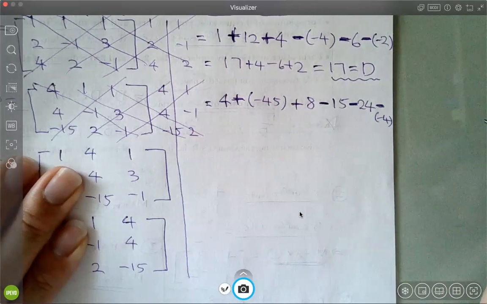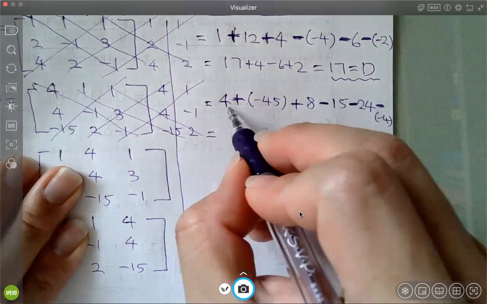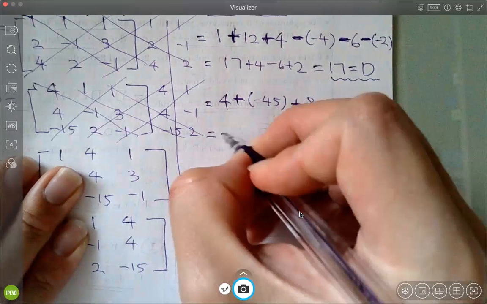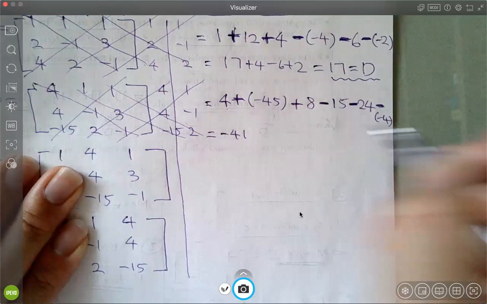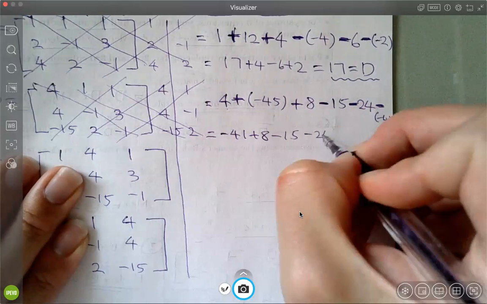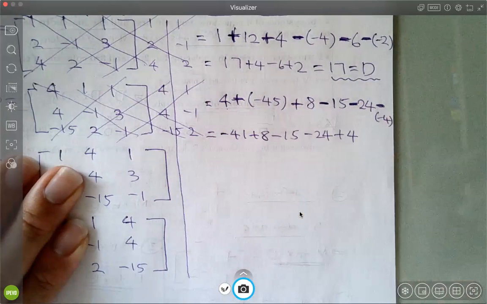Okay, and now simplify. So 4 plus -45, so that's 4 minus 45, so that's -41, right? Okay, and then plus 8 minus 15 minus 24 plus 4, right? Okay, so now that's -33.